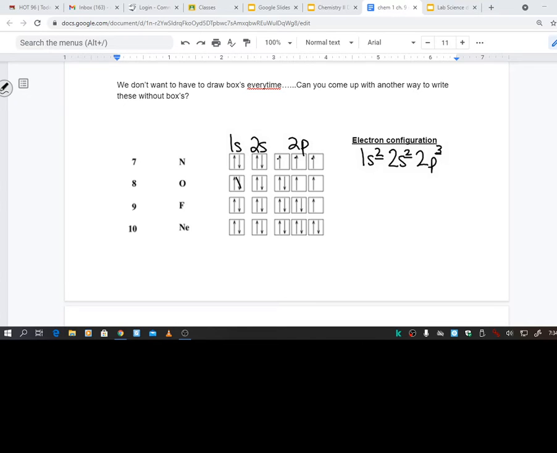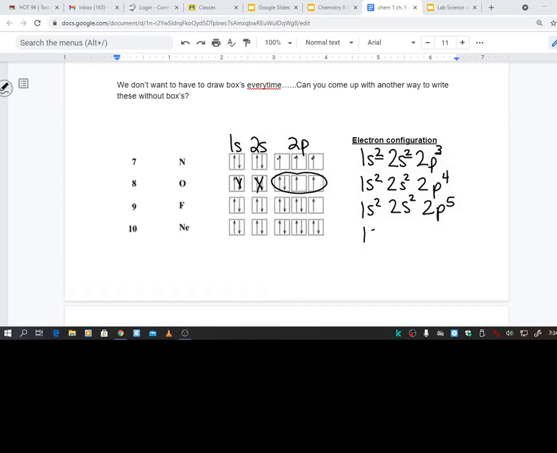Oxygen, I'm going to do 1s2, because there's 2 electrons, 2s2. And then here's my p, I'm going to go 2p4. Fluorine, very similar. You're just gaining an electron, so 2p5.